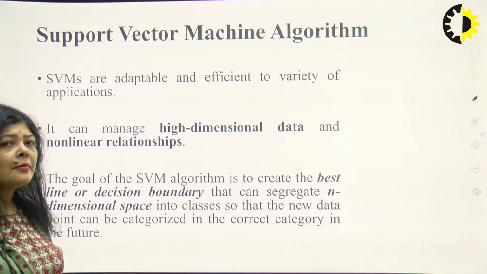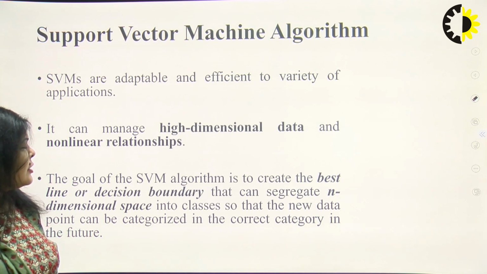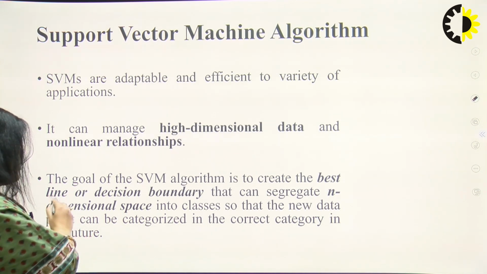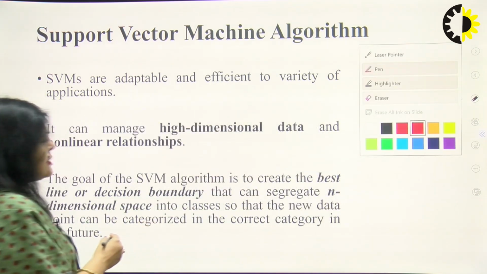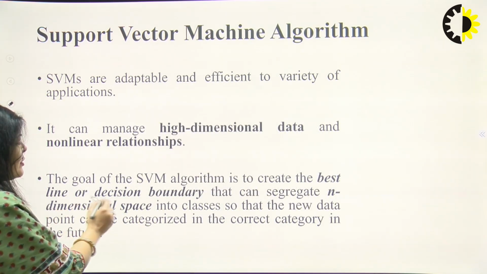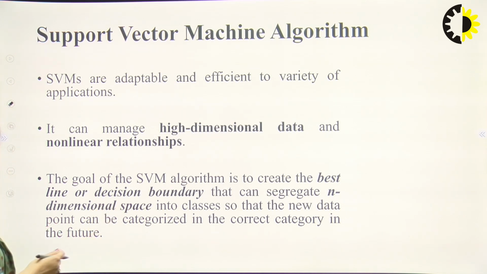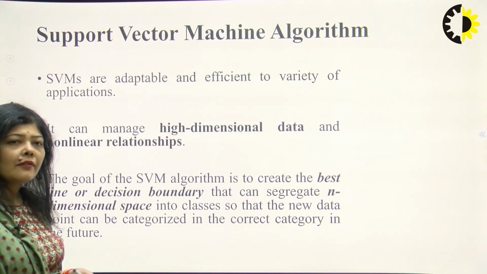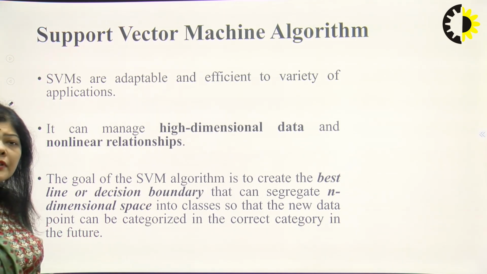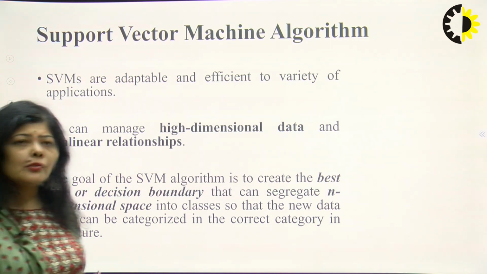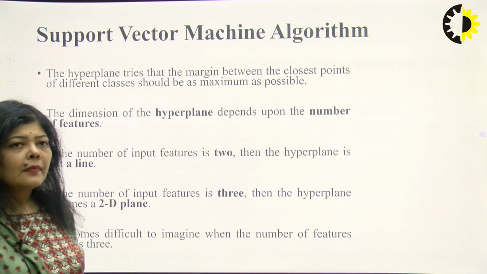The goal of the SVM algorithm is to create the best line or decision boundary that can segregate n-dimensional space into the different classes that we have. The points which belong to the data set can be categorized into different categories by using a separating hyperplane.